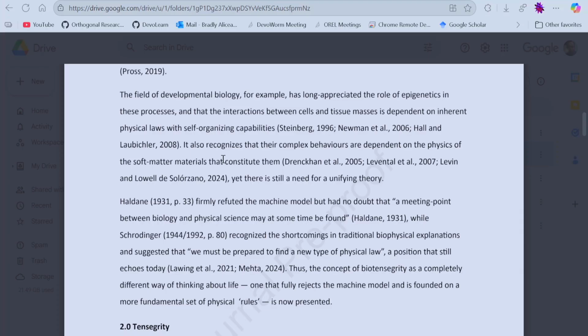But there's still this aspect of not understanding at the soft matter level what the laws are and how thermodynamics operates. So there's still a need for a unifying theory around this soft matter perspective, and more generally around the mechanics and physics that govern these kinds of systems.